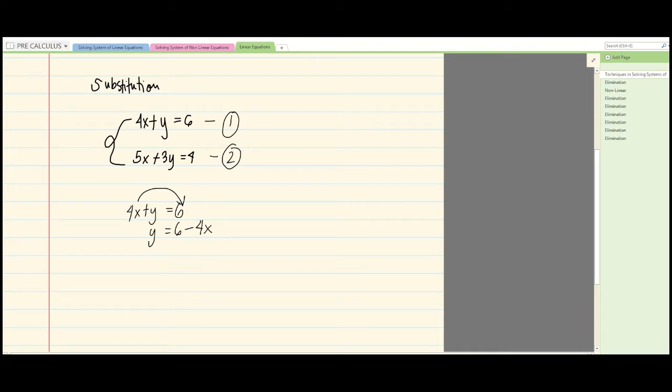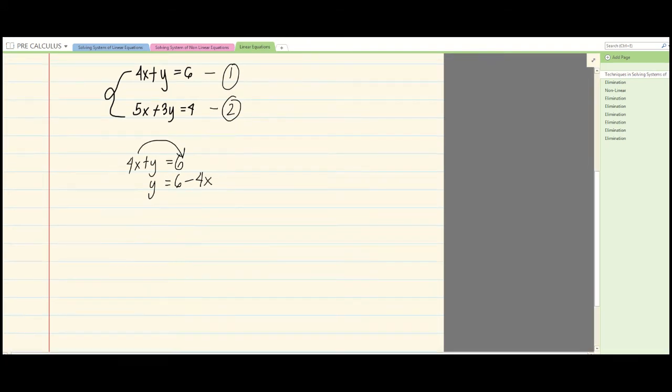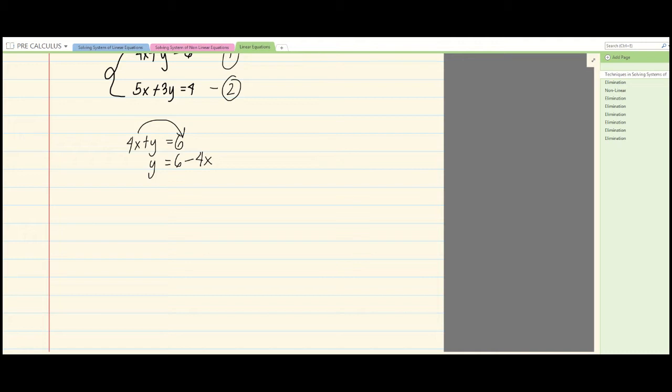Then we substitute y in equation number 2. We write again equation 2, 5x plus 3y equals 4. Then we change the y: 5x plus 3 times (6 minus 4x) equals 4.